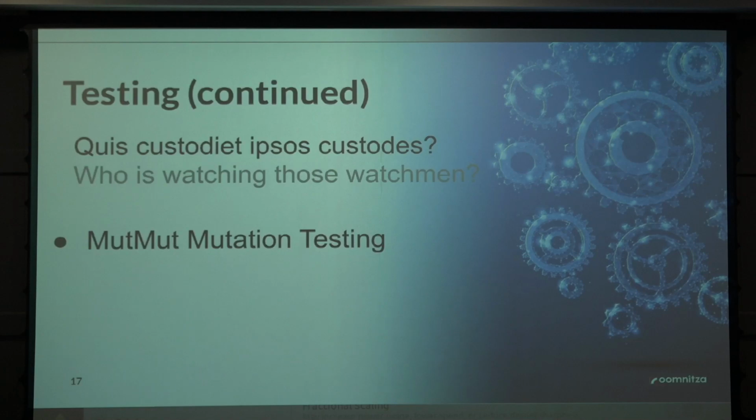Quis custodiet, or who is watching the watchmen? How can you tell your tests are actually testing everything in there? 100% code coverage, okay, sounds good. But what if I change a little tiny thing in the code? Will my tests catch that?